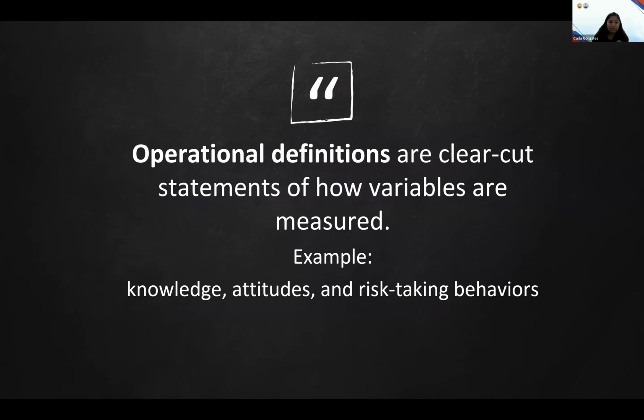For example, knowledge, attitudes, and risk-taking behaviors of the participants of the study. But what I want you to remember is, when you say operational definitions, the definition should not come from the dictionary. As the researcher, you have to be the one to provide the definition based on how it is used in your study. Okay?